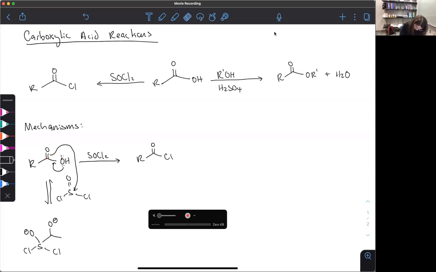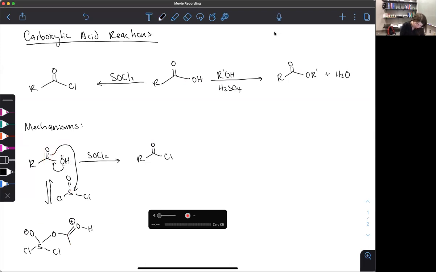Helps if I have the right connectivity. There's oxygen there. Okay, so then I end up with something like this, where I've attached this oxygen to that sulfur atom, and I've got a positive charge on my oxygen now. At this point, this is essentially a tetrahedral intermediate over here.